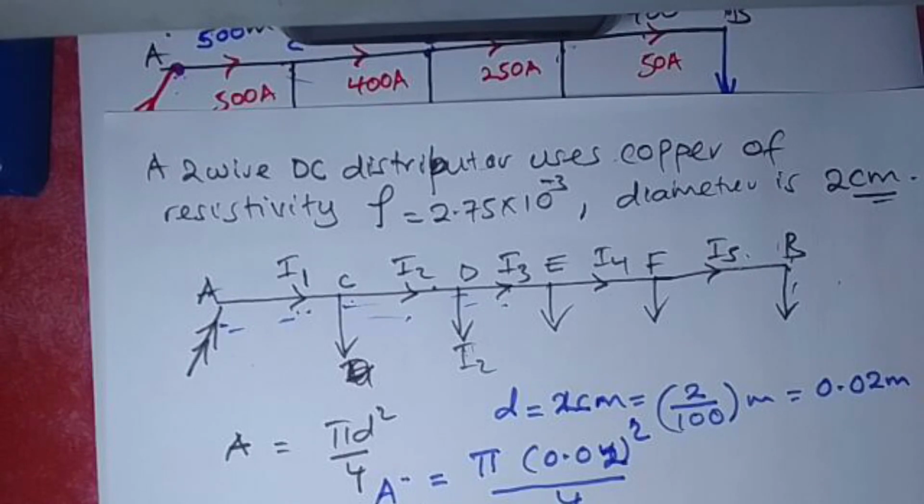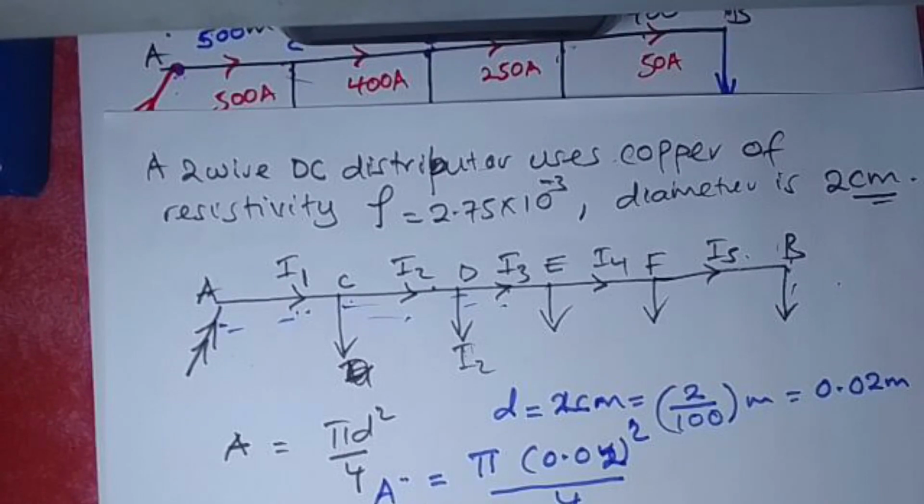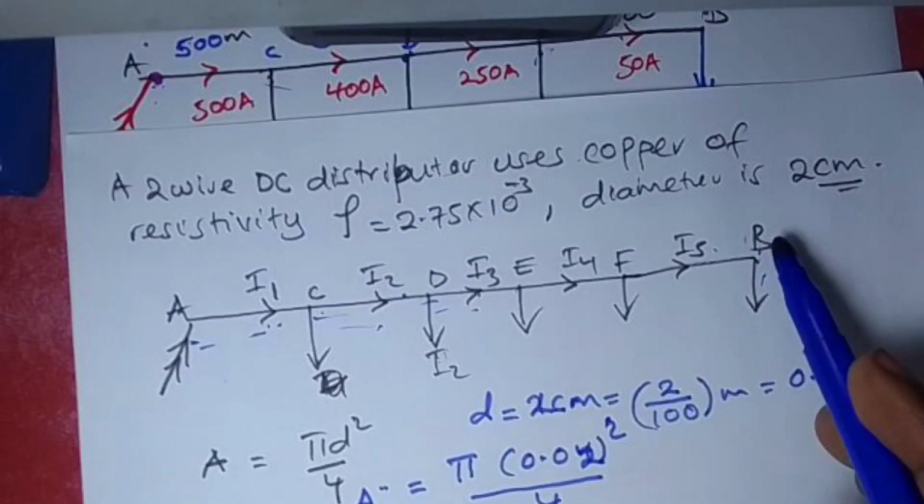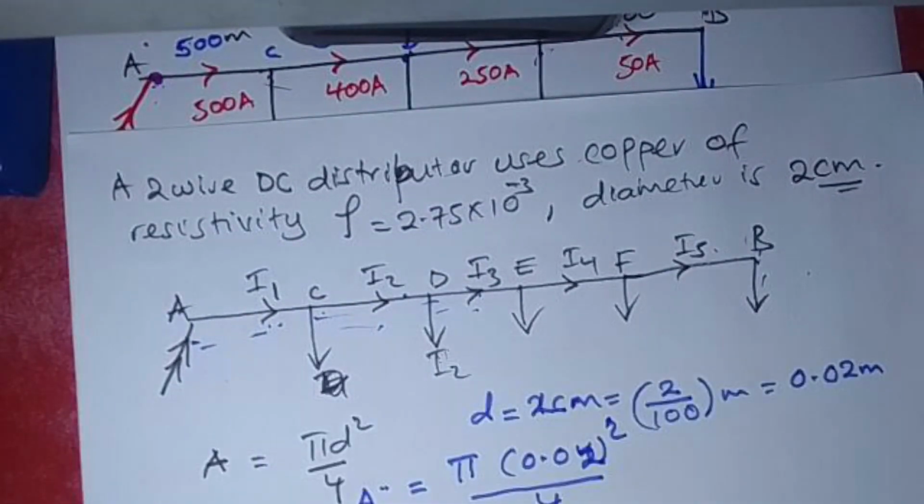What I was saying is that this idea of the point of maximum voltage drop will find significance when we are dealing with ring distributors. For these ones here, the maximum voltage drop will simply be the voltage drop from point A to point B, which is simply adding every one of the drops along this line.